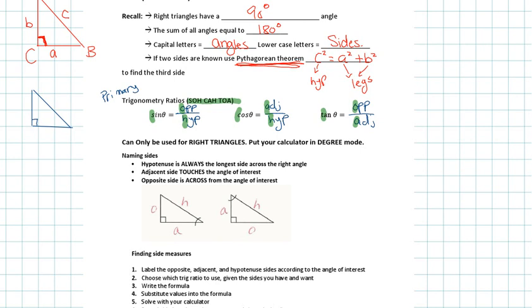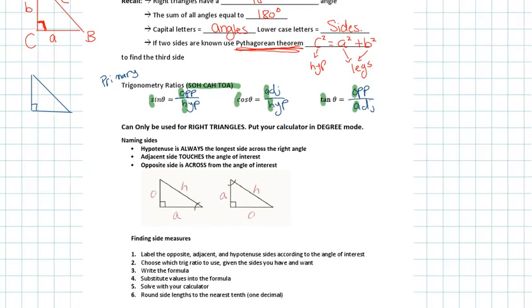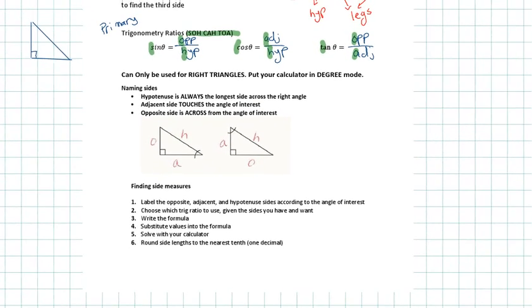So, the one that you always want to name first is the hypotenuse, because it's the easiest one that you can name, right? It's the longest side, it's the one across from the 90 degrees. Okay, so if you look at this, the hypotenuse is always the one across from your 90 degrees.